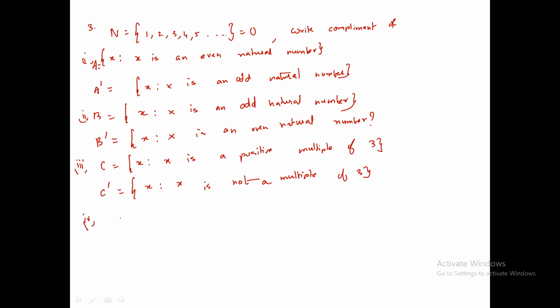Next, fourth one, D is the set having x such that x is a prime number. And D complement will be x such that x is not a prime number.